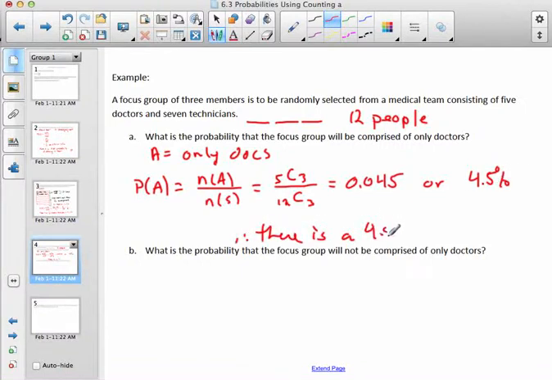There's a 4.5% chance of all doctors or all docs.